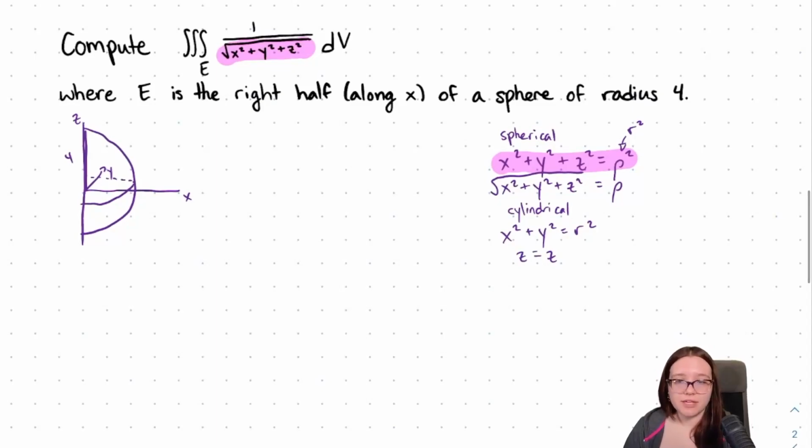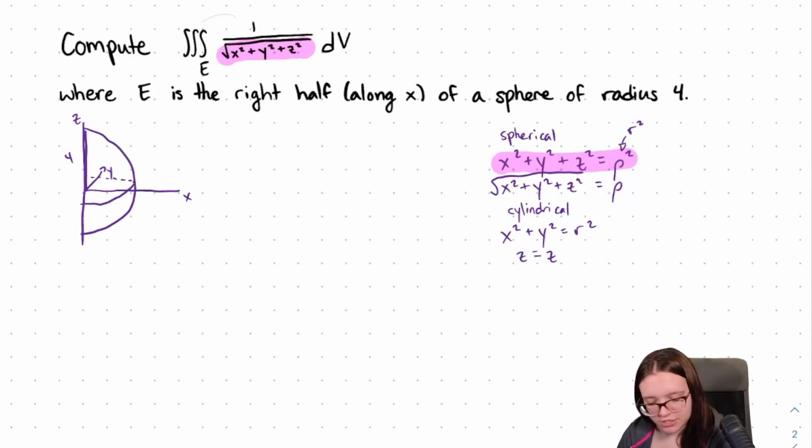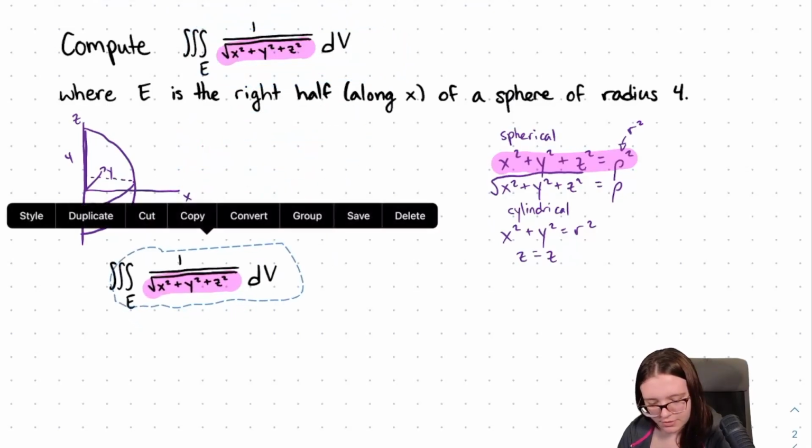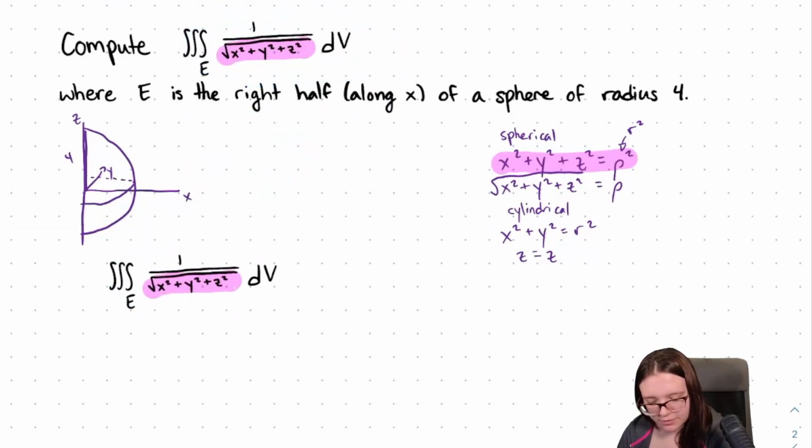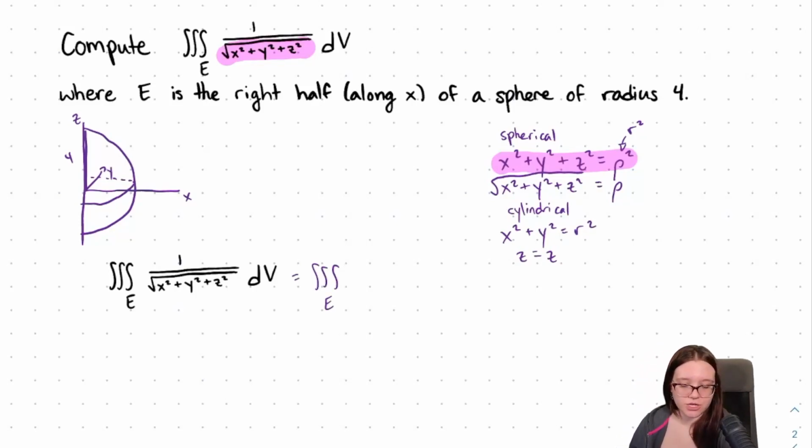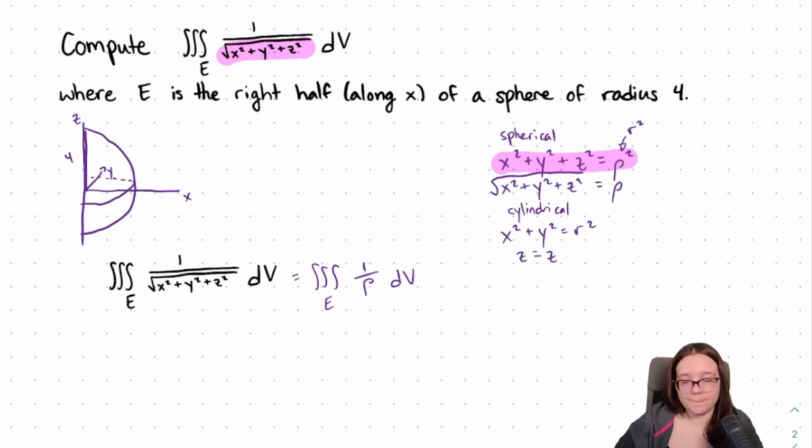Okay, so that means that our new integrand, let's copy the integral that we're trying to compute. I can replace the pink with just 1 over rho. I still haven't figured out my limits, so I'm still just integrating over E, but now I'm integrating 1 over rho dV.